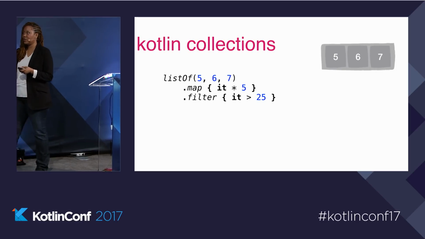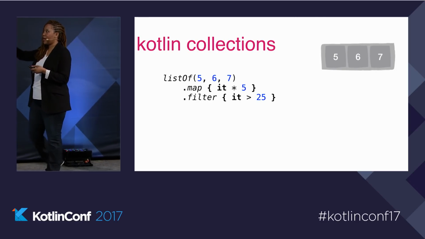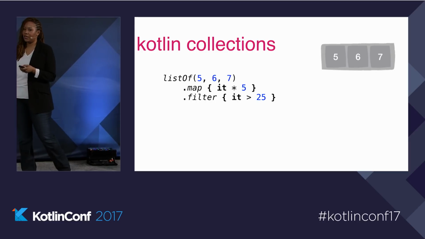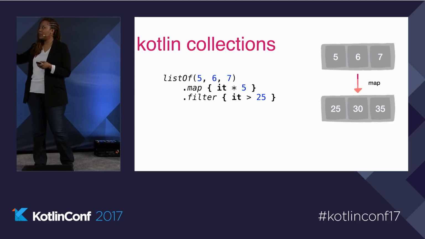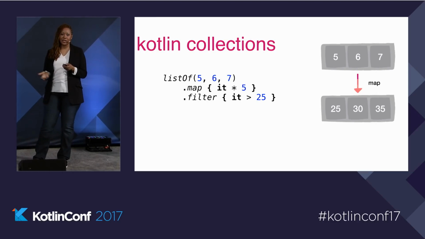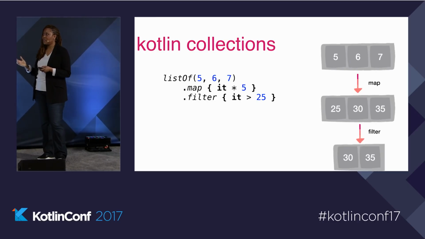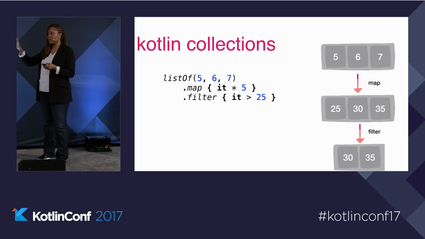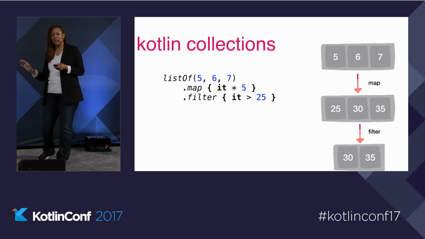So if we take this code here, we're starting out with our list of numbers 5, 6, and 7. Then the map is run on all of the elements, creating this intermediate collection. And the same thing is going to happen with the filter command. It's going to run on all of the elements, creating an intermediate collection.